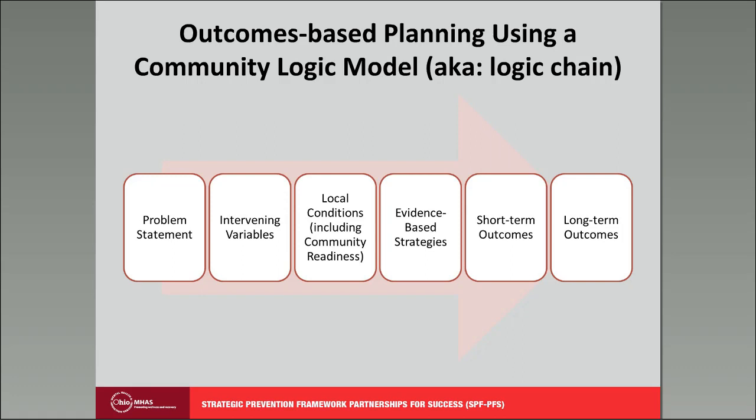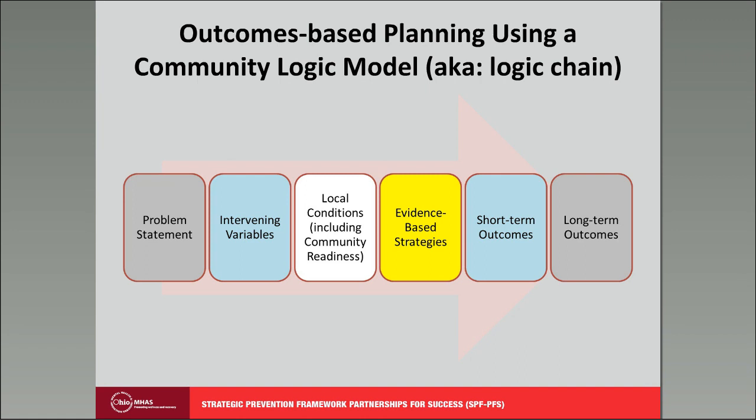By identifying the problem, figuring out what is causing the problem, the intervening variables, looking at the context or those local conditions, will help communities then select evidence-based strategies. The evidence-based strategies will be the right strategies at the right time that are culturally relevant and sustainable for that community. If we choose evidence-based strategies that are a good match, we should get our short-term outcomes. If we get those short-term outcomes, then we should get our long-term outcomes.